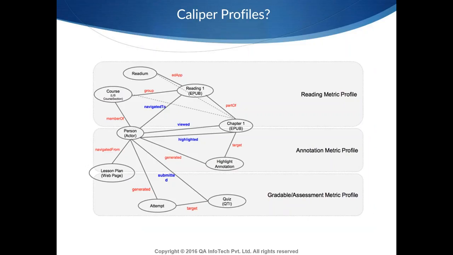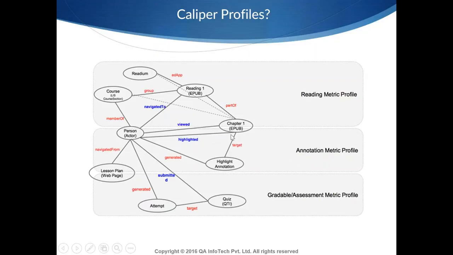So what are these profiles? We just talked about the reading profile, media profile and annotation. I have tried to explain with the help of this diagram. If the student is reading a particular course material, in our case software testing for instance, then he will navigate to that reading material, he will view that chapter, and if he is highlighting some material, then we will be looking at the annotation metric profile.